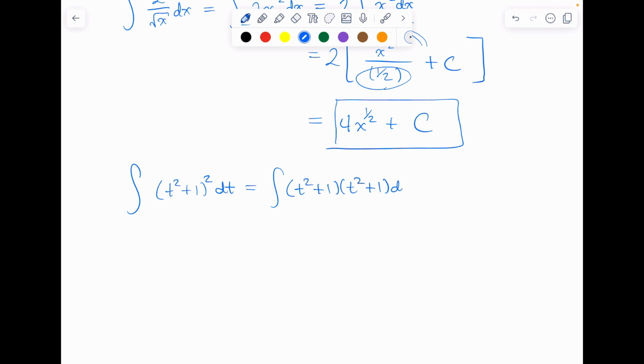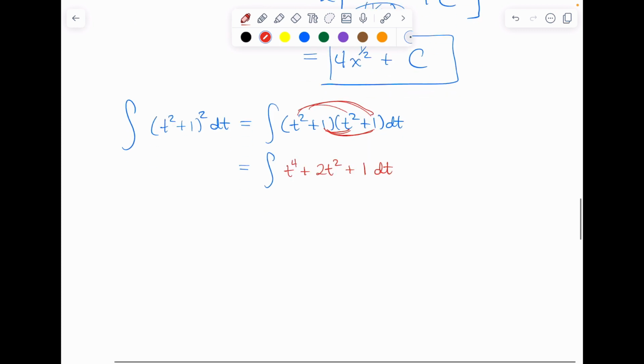This is just another way to write it. Okay, let's distribute it all out. You have to actually multiply all of this. You end up with t to the fourth plus, we get t squared plus another t squared, that's 2t squared, and then plus 1 times 1, so plus 1 dt.